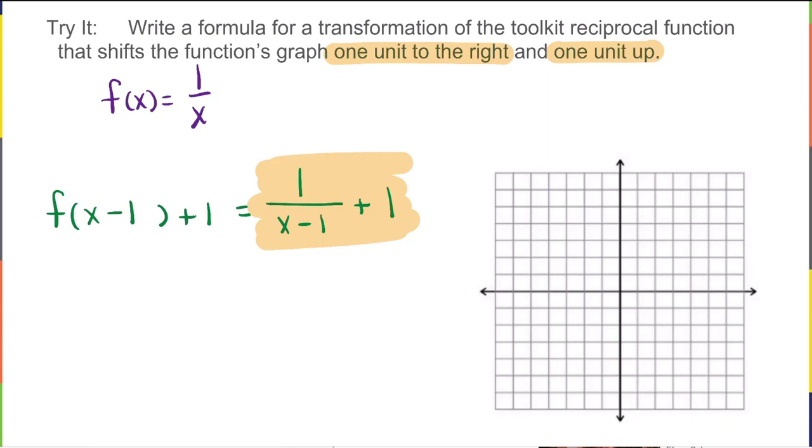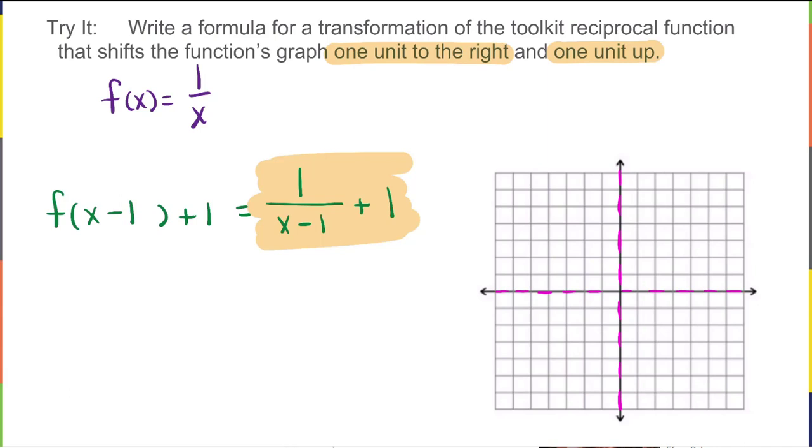Okay? And they don't say to graph it, but I'll go ahead and graph the original function. Let's do that in pink. So for this, remember there are asymptotes that it doesn't cross. So it doesn't cross y equals 0 or x equals 0, not for the parent function anyway.